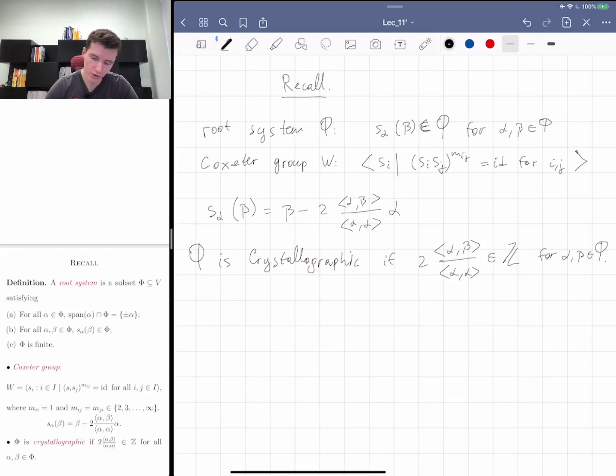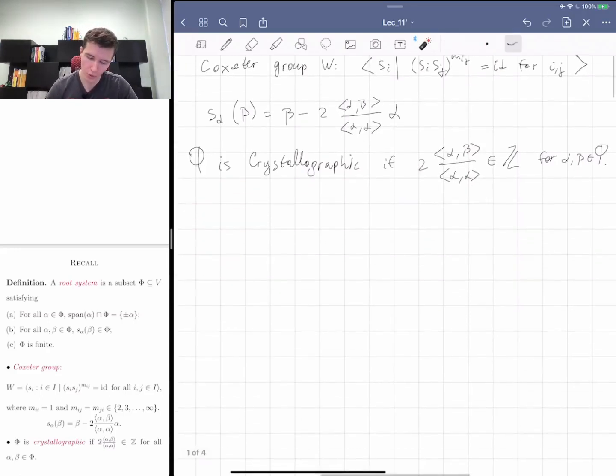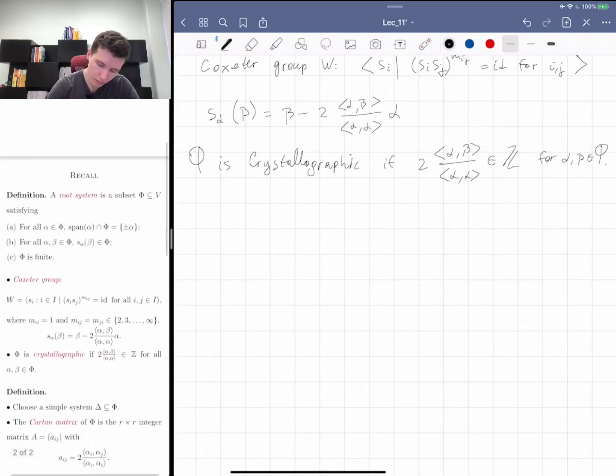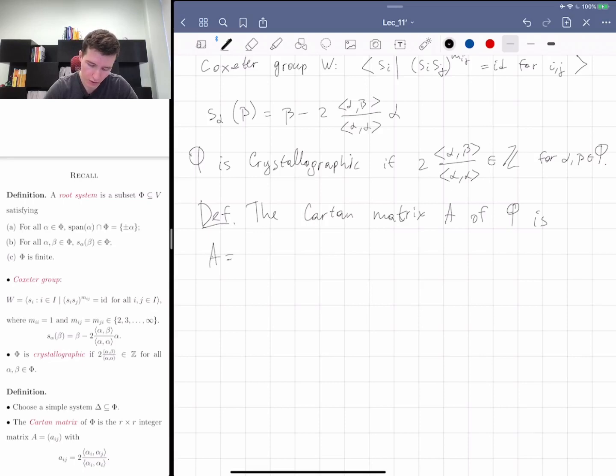Now I want to introduce an important invariant of a crystallographic root system, which is called the Cartan matrix. The Cartan matrix A of a crystallographic root system phi is a square matrix with entries a_ij, where the rows and the columns are indexed by simple roots.